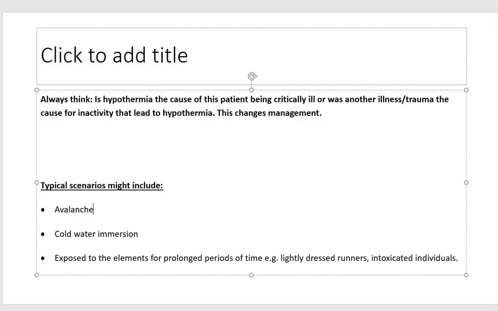And why this changes our management is, as I said, if we think that this casualty has died from hypothermia alone, then we're going to extract them, and we're going to attempt to resuscitate them for as long as required. And the phrase "you're not dead until you're warm and dead" comes here.